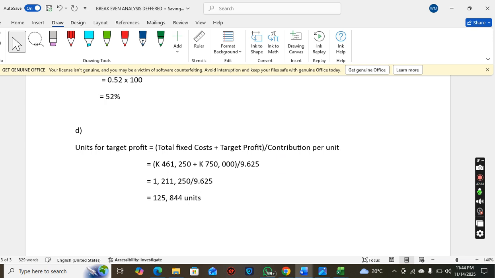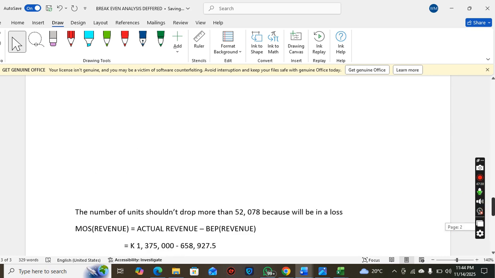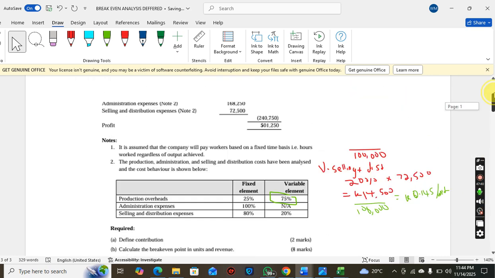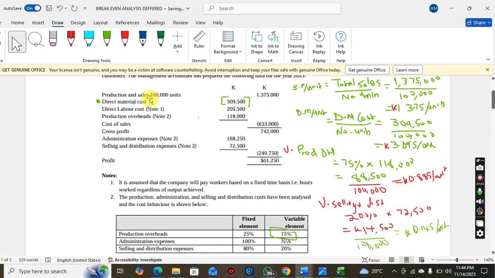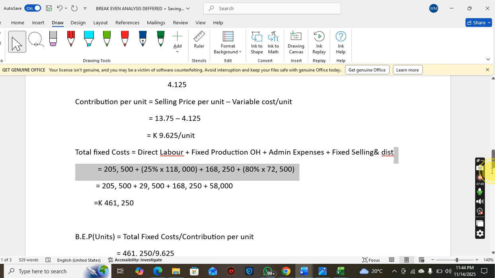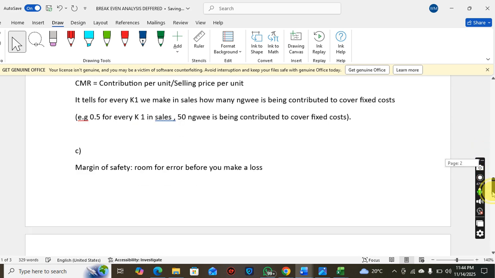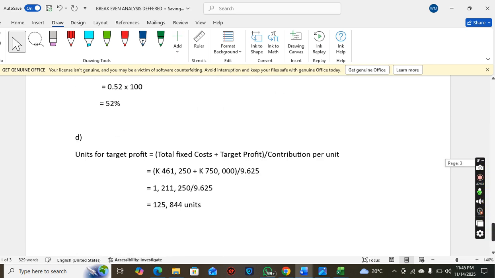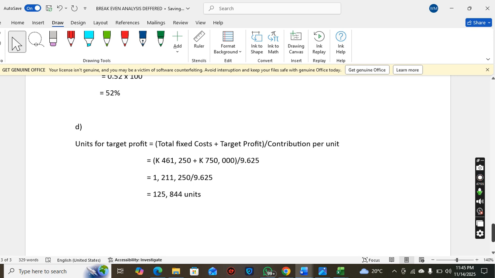So is this target achievable? Yes, it is achievable. Why? Because this company produced about 100,000 units, so an extra 26,000 units I think is achievable.